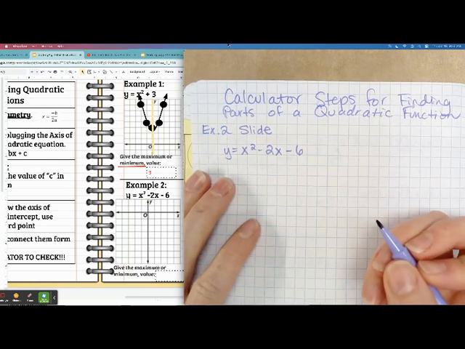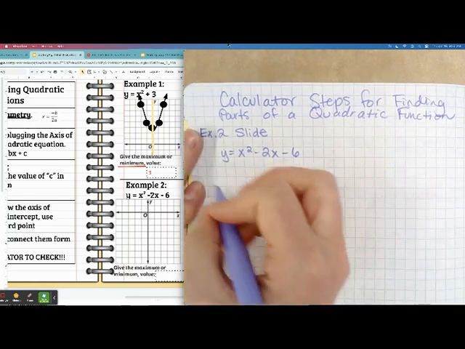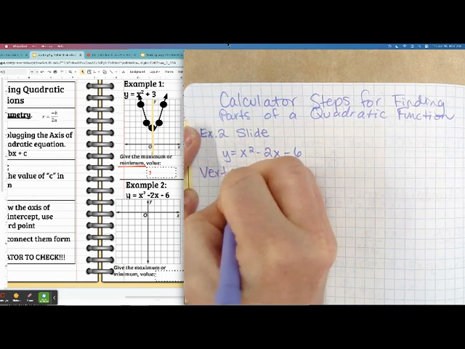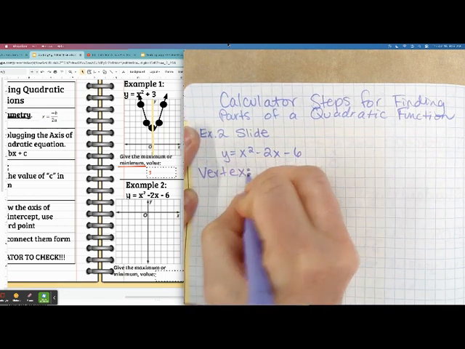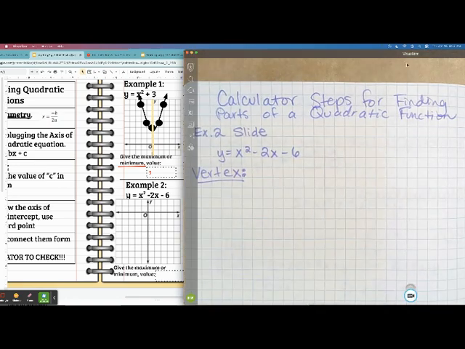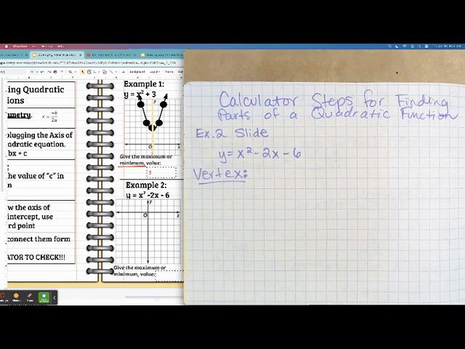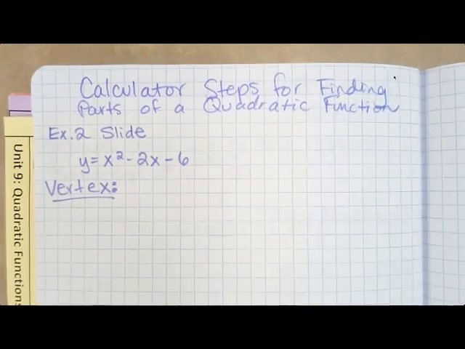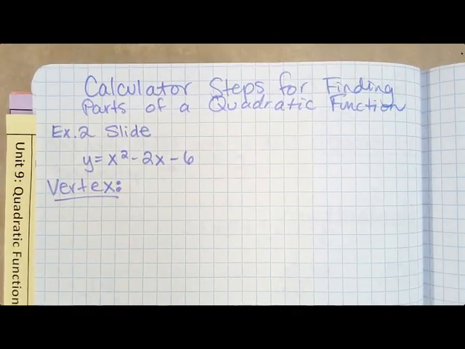To use our calculator, we are going to find the vertex first. This vertex is going to tell us a lot of different things about our function. So let me enlarge this. Our vertex is that point where it changes direction.